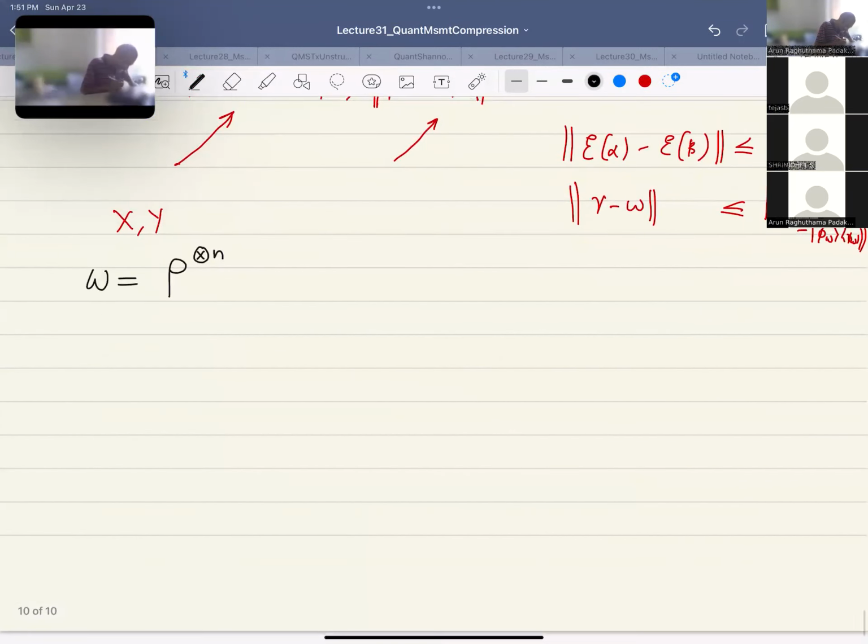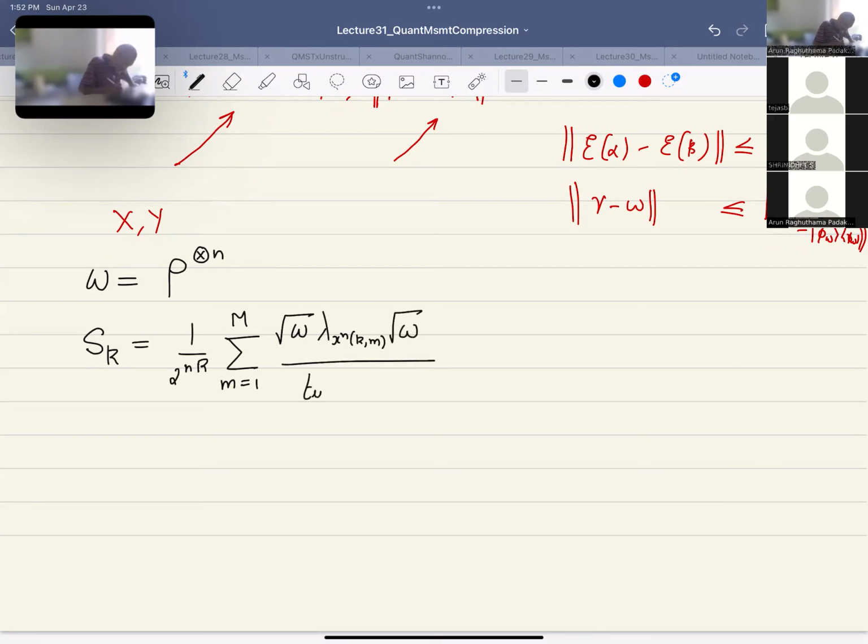Omega is root tensor n. What is sk? Sk is 1 by 2 power nr, sum over m equal to 1 through capital M of root omega lambda xn of k comma m root omega divided by trace omega lambda xn of k comma m.